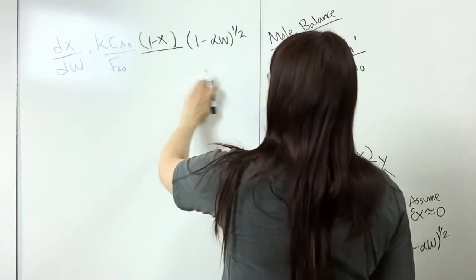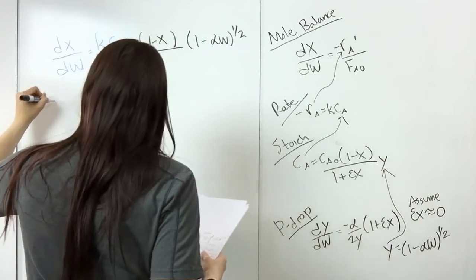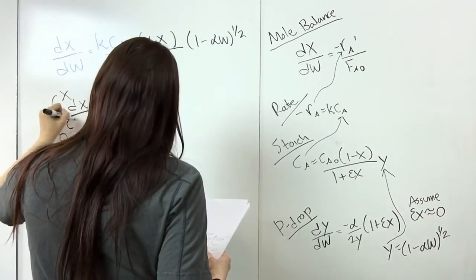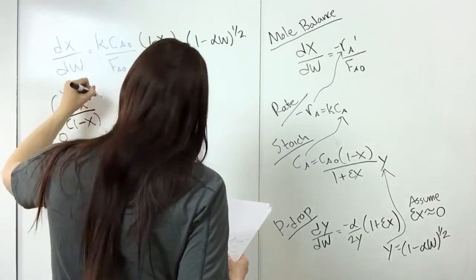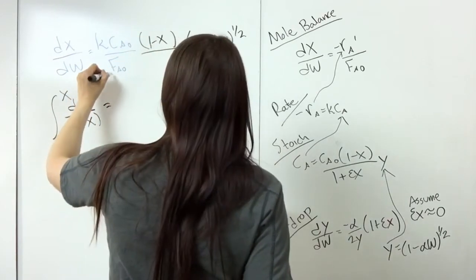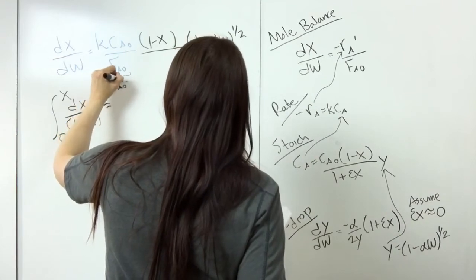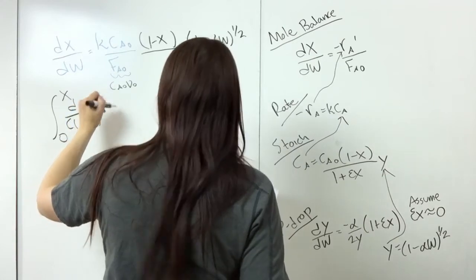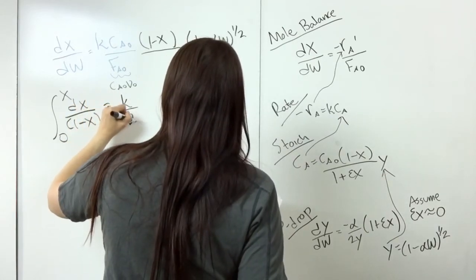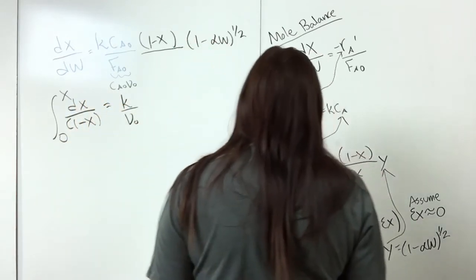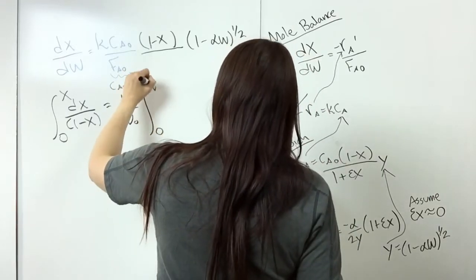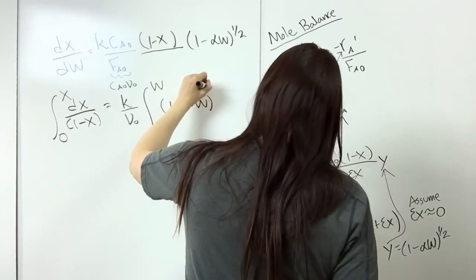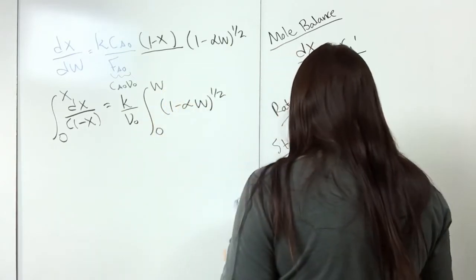And so if we separate and integrate this, we get the integral from 0 to x of dx over 1 minus x is equal to k, and then we know that FA0 is equal to CA0 V0, so we can cancel out the CA0. So if we do that, we get k over V0 times the integral from 0 to w of (1 minus alpha w) to the 1/2.